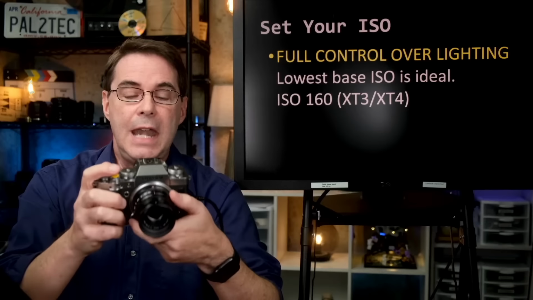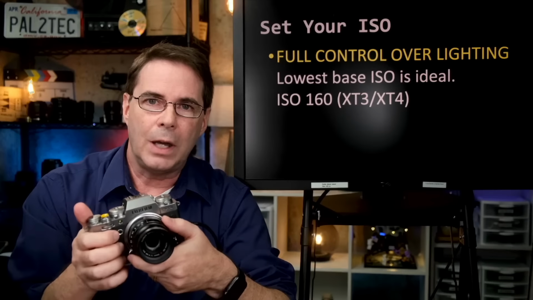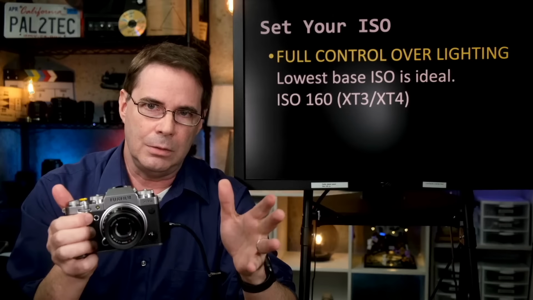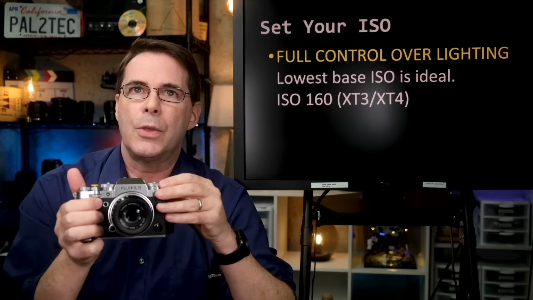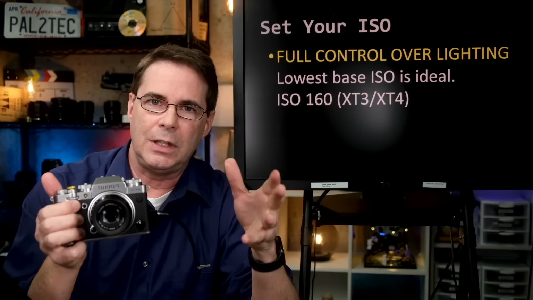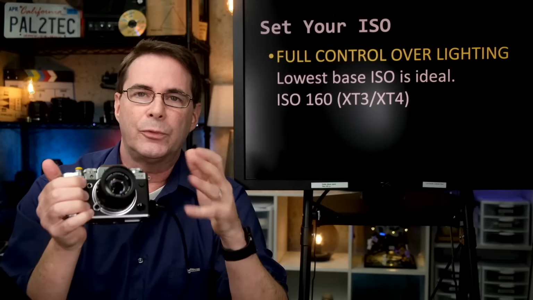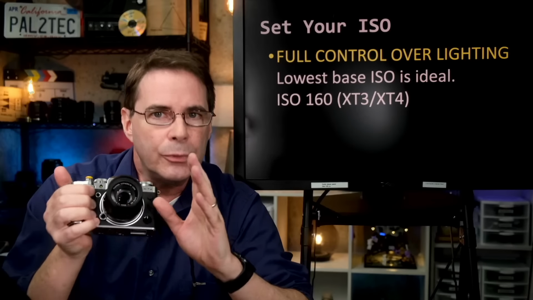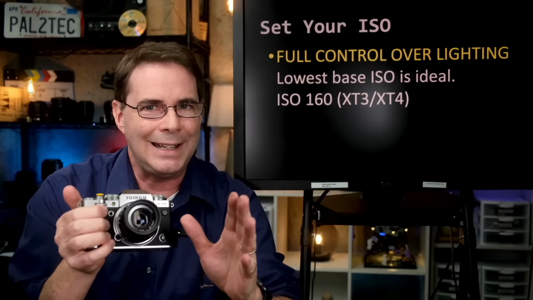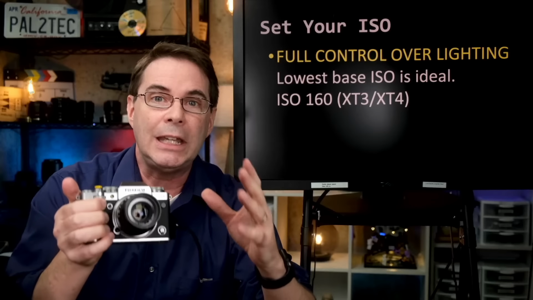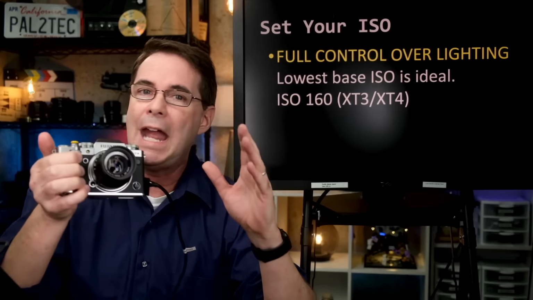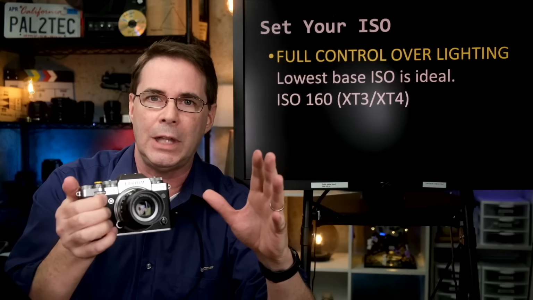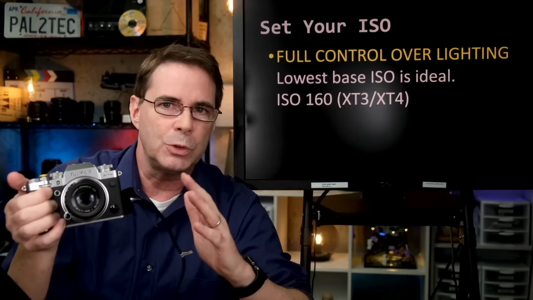Now the next thing you want to set is your ISO. And there are 3 situations to deal with ISO. The first is if you have full control over your lighting. Suppose you're shooting an interview indoors and you have complete control over the lighting. You're not moving from room to room.